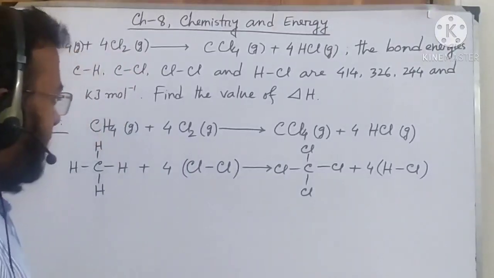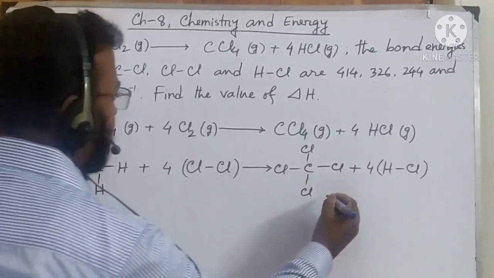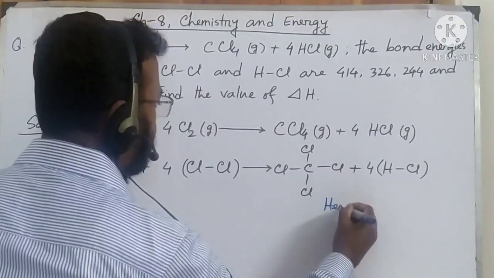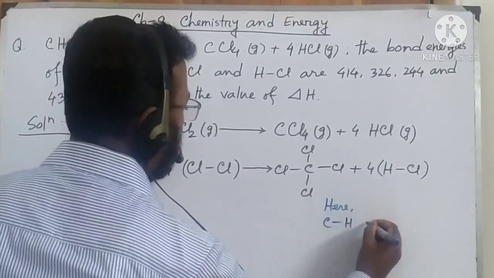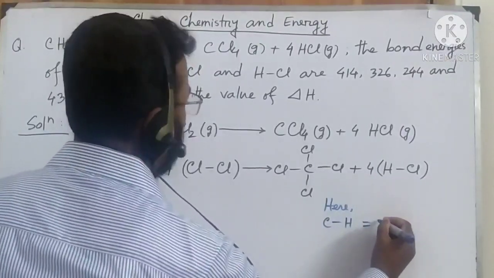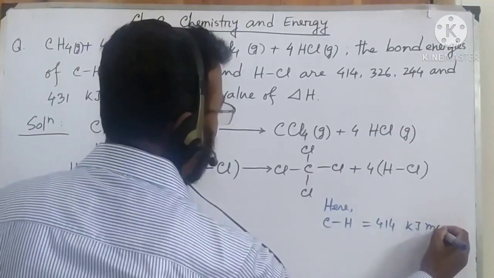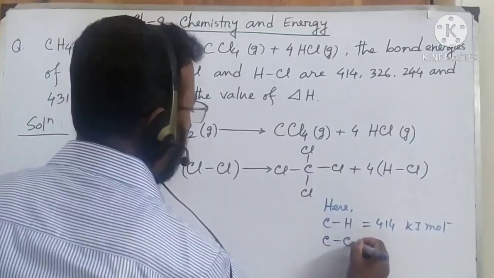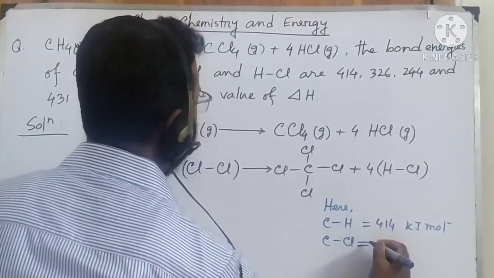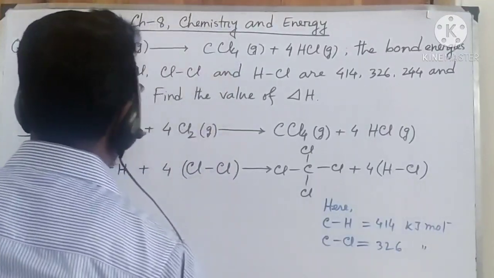Now what are the bond energies given? The carbon hydrogen bond is given 414 kilojoule per mole. Then the carbon chlorine bond is given 326 kilojoule per mole.